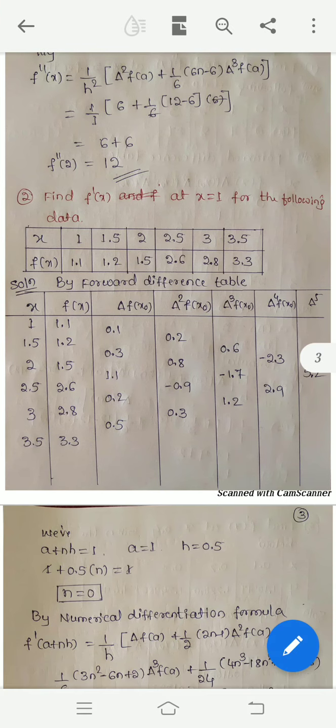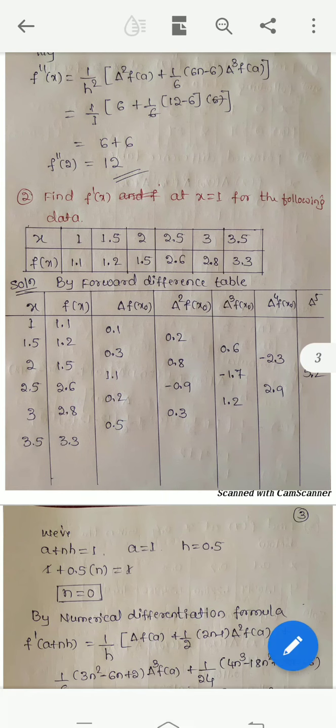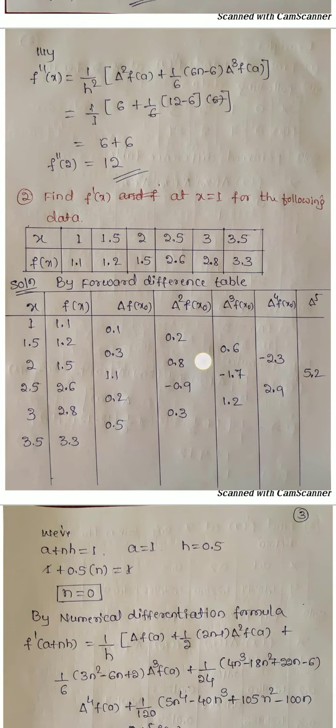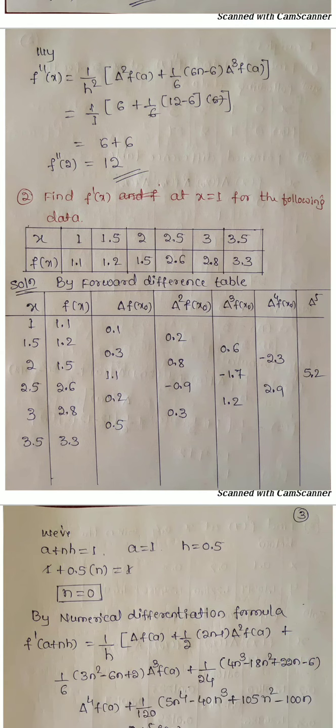Then the first order differences are 0.1, 0.3, 1.1, 0.2, 0.5. Then the second order differences, that is delta square f of x naught, are 0.2, 0.8, minus 0.9, 0.3.